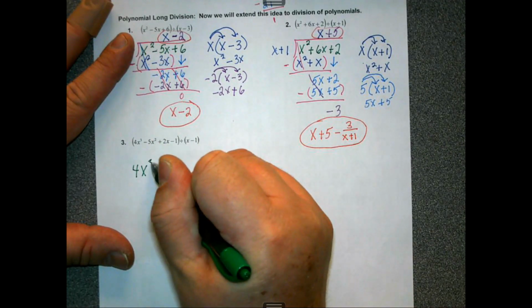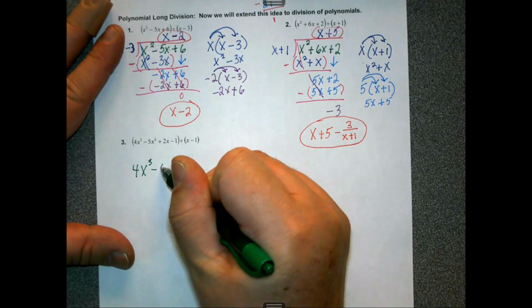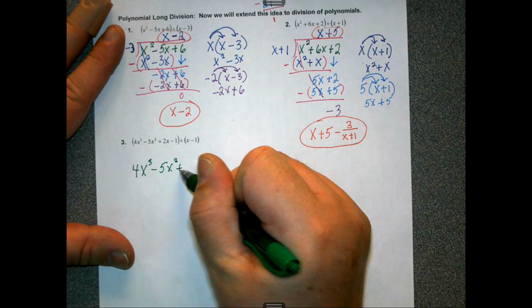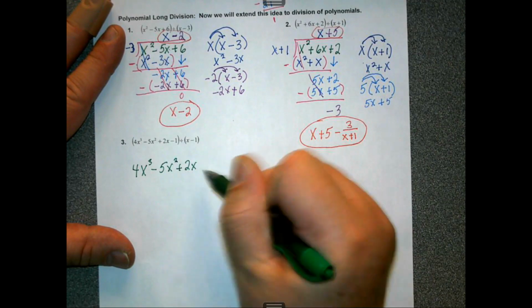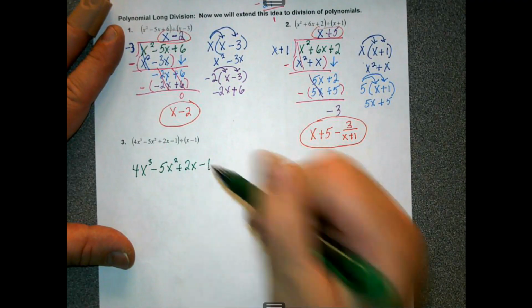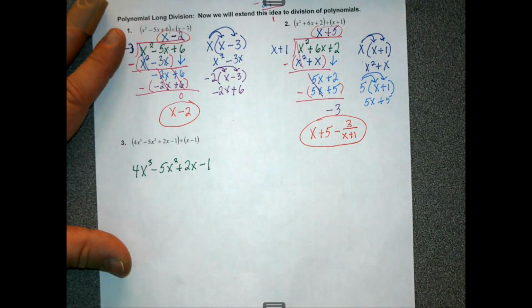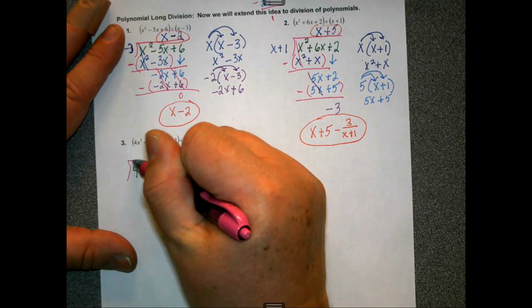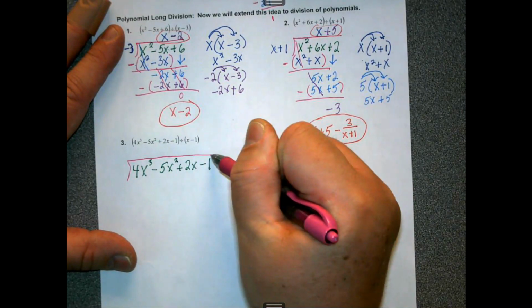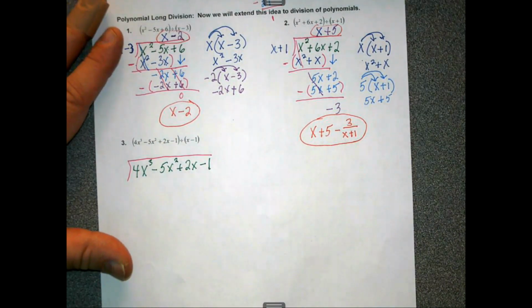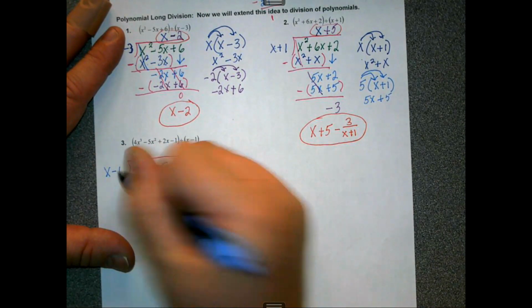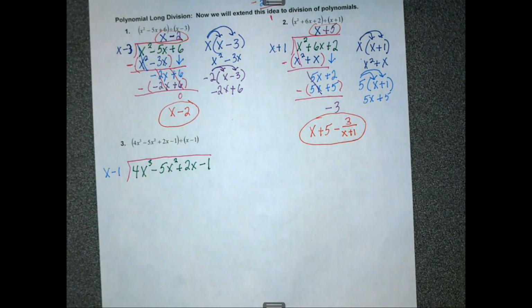4x cubed minus 5x squared plus 2x minus 1, divided by, need my vinculum, my divisor, x minus 1. Okay.